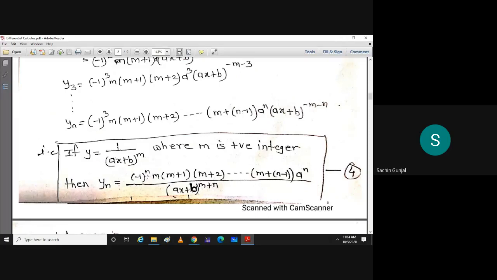So that will be minus 1 raised to n, 1 into 2 into 3 up to n, which is n factorial. So minus 1 raised to n into n factorial a raised to n upon ax plus b raised to m plus n. Is that fine now?